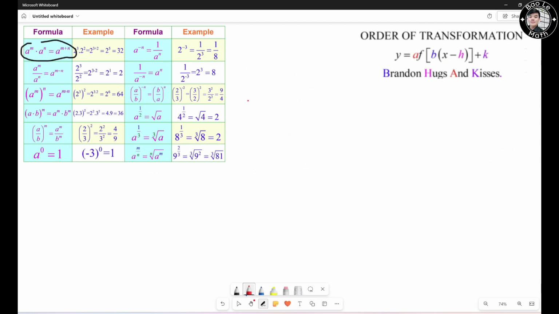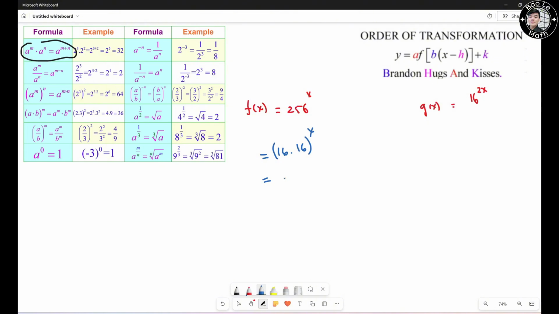So let's compare the function f of s equal to 256 to the power of s, and the function g of s equal to 16 raised to the 2s. Alright, so we can start from the left, right? So 256, we just write it's going to be equal to 16 times 16 all together raised to the s, right?